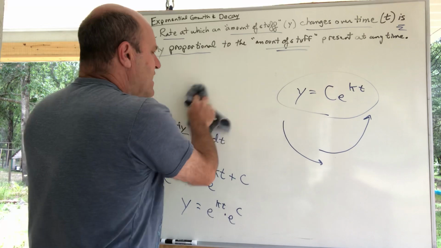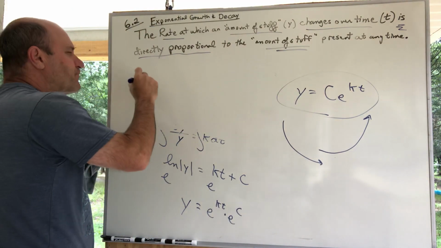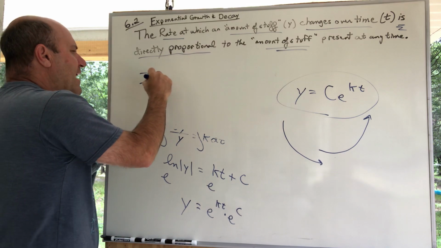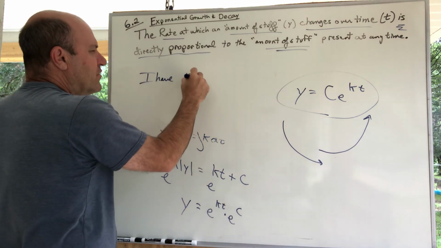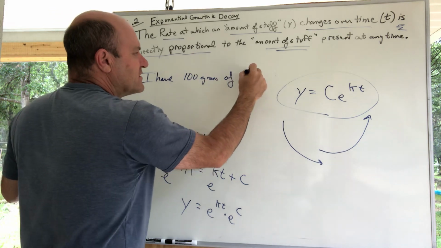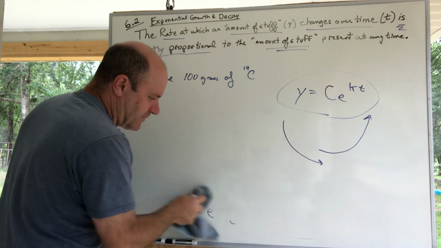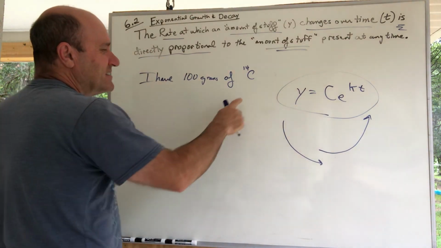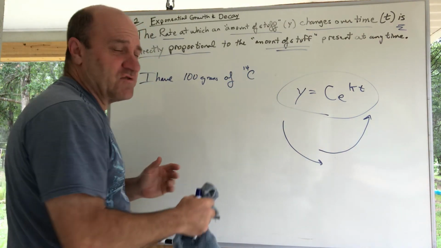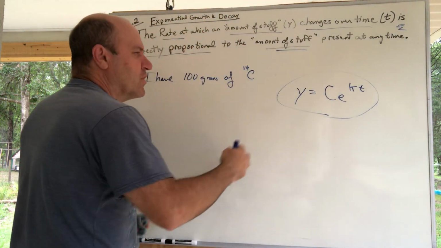So if I say that I have 100 grams of carbon-14, and I'm not a chemistry teacher, but I think that's an isotope of carbon. Carbon is normally carbon-12. We're going to use this model.